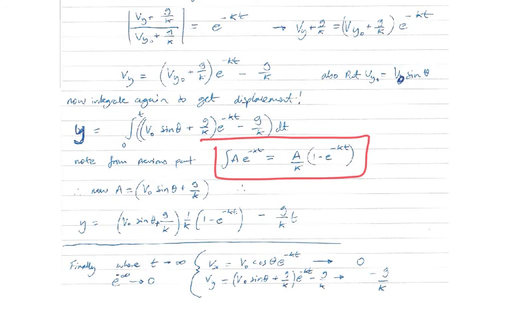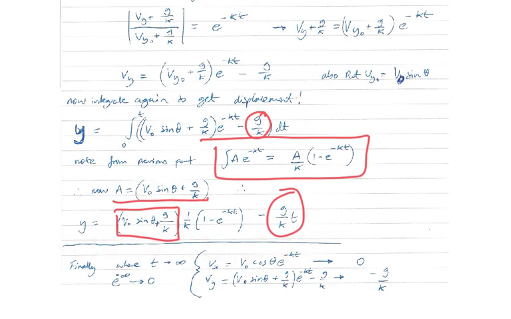For a, we can put everything in the brackets here. And simply we can say that the integral of this is then a, which is this term, times 1 over k times 1 minus e to the minus kt. And all that's left is to integrate this term, which, because that's a constant, it just gains t. And the final form for the displacement as a function of time in the y direction is obtained here.